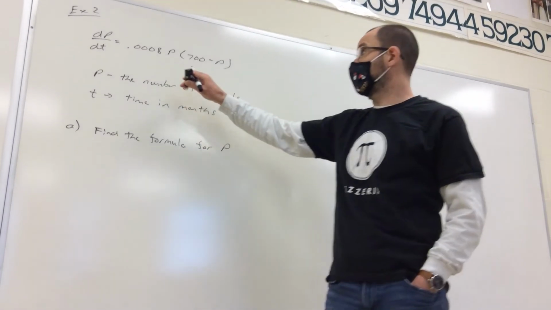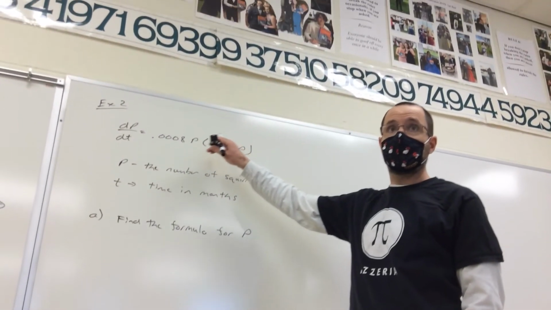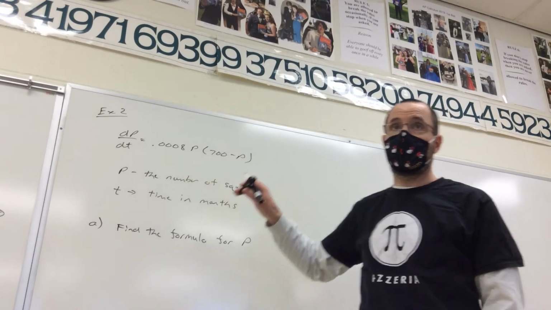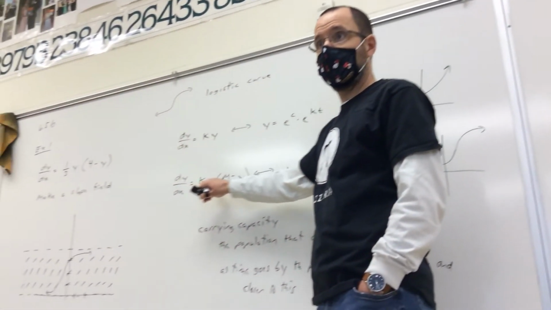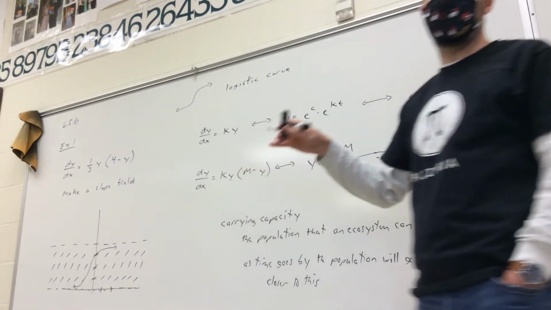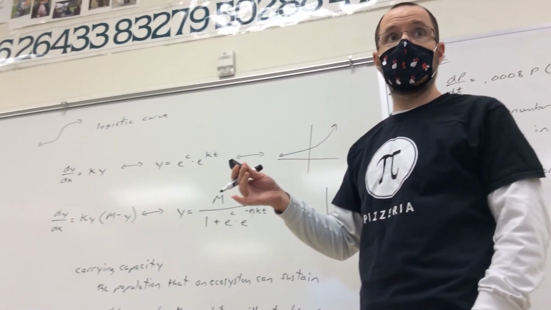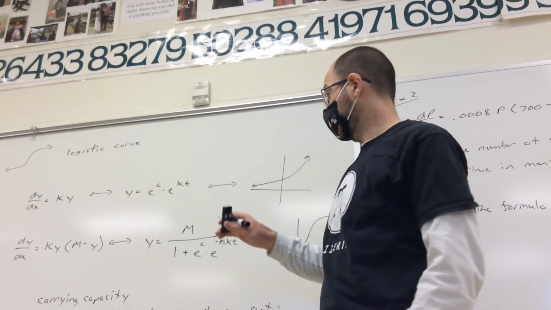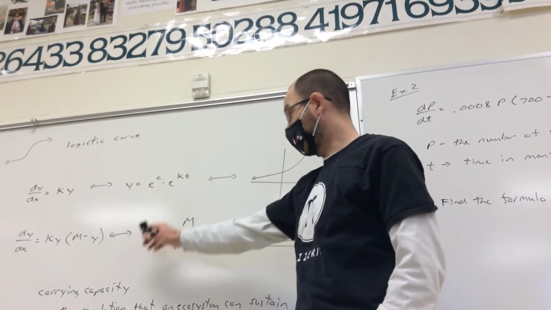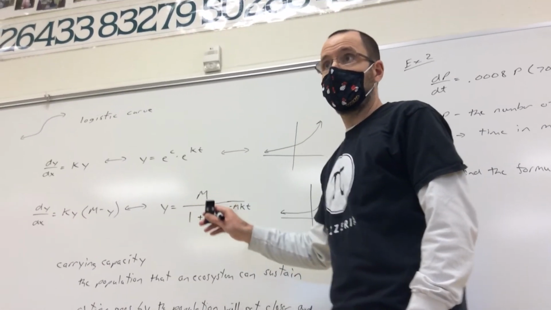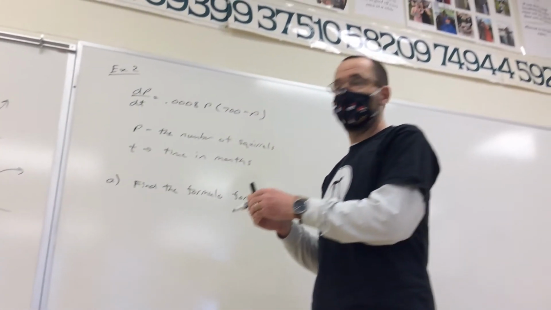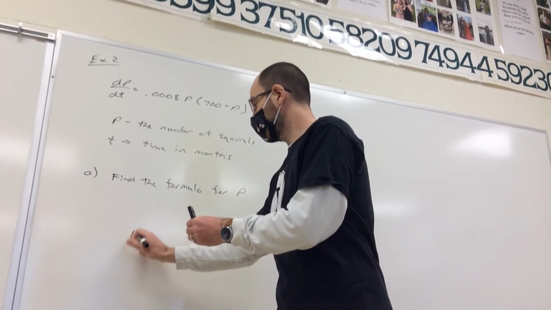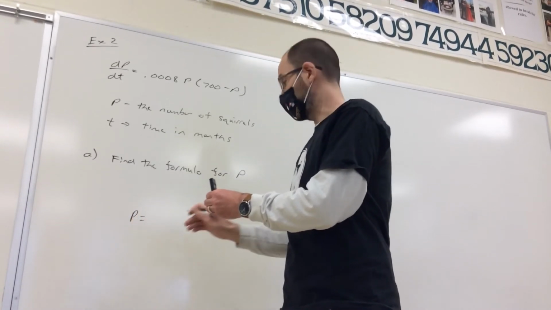So this derivative, is it looking like this? Yes. Okay, so that means we have a logistic curve. So that means we know that the y is going to look like this. In other words, in this case, the P. So we can write P equals, it's going to be a fraction.